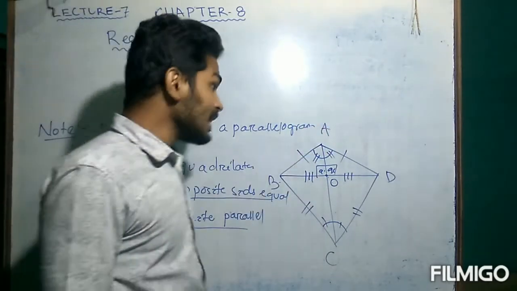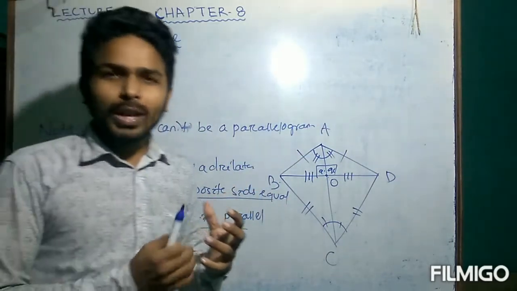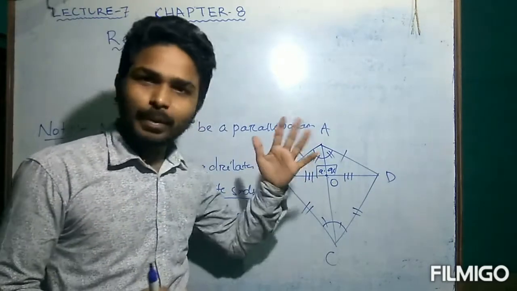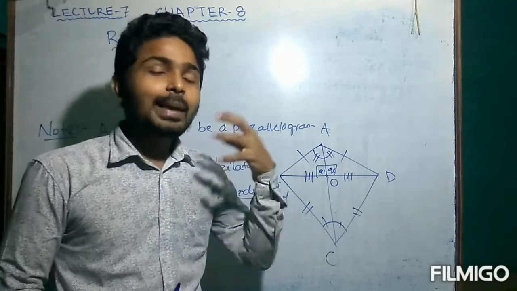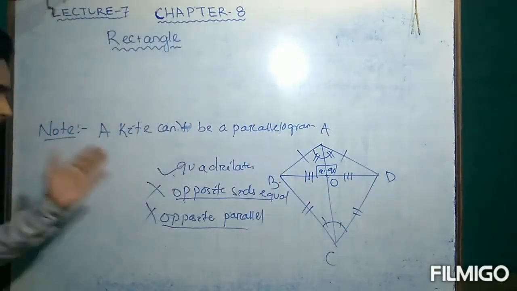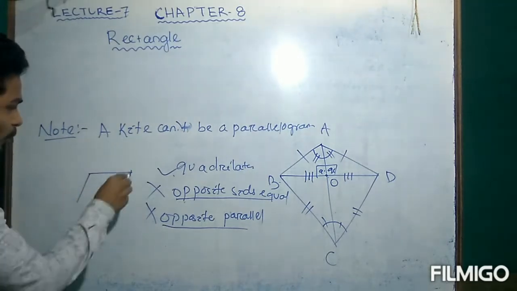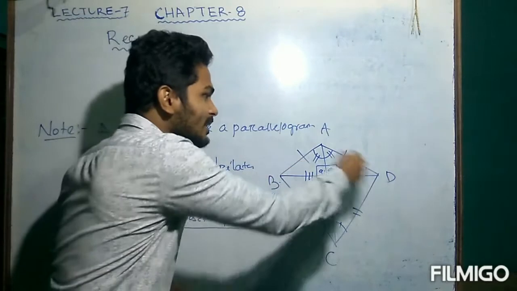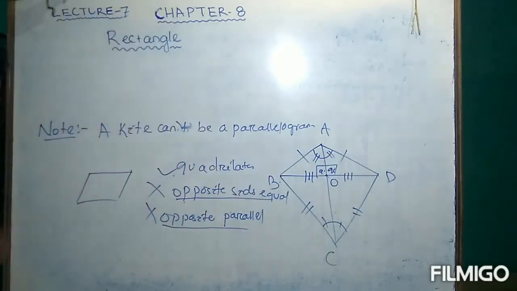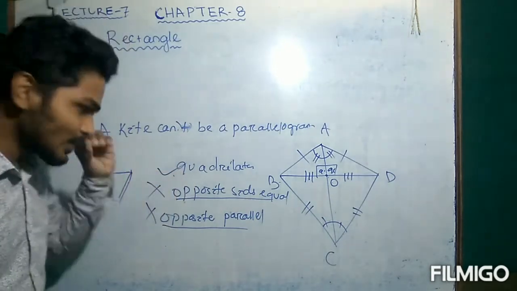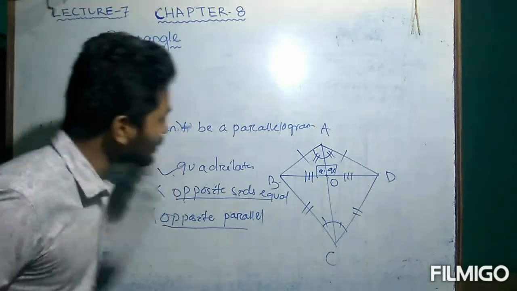Okay. Second question arises. Can we call a parallelogram a kite? We know that a kite cannot be a parallelogram, but can we call a parallelogram a kite? No, because the parallelogram does not follow all the properties of a kite. In a kite, the consecutive sides are equal, but in a parallelogram, this side and this side are not equal. So a parallelogram is not also a kite.